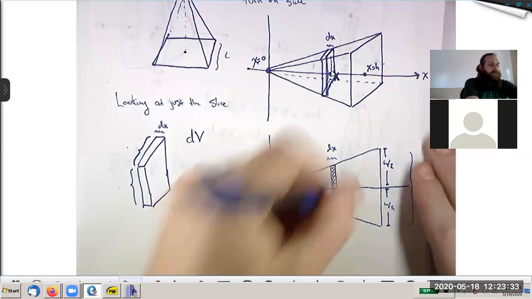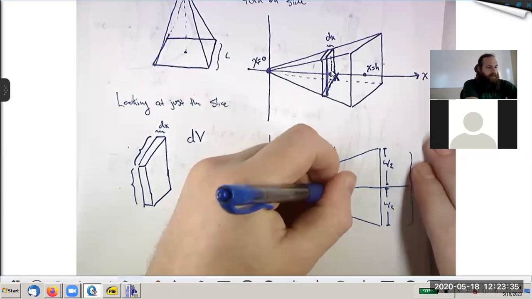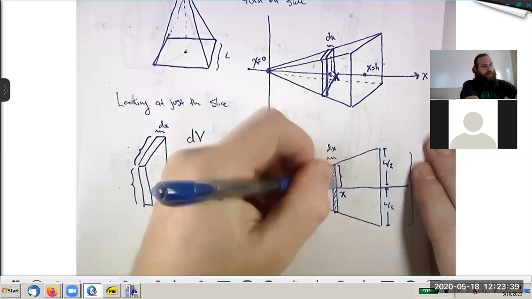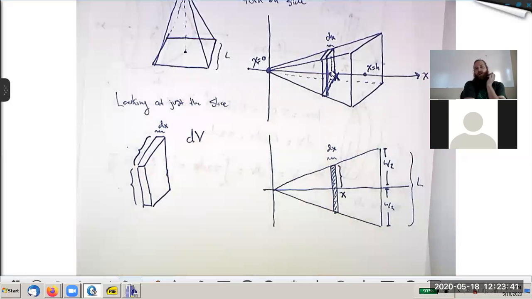If I'm taking this slice at x, then I need some way of coming up with this distance as a function of x. Any idea how I could find that? Do you see anything that you could do geometrically here? Any sort of geometric arguments you could make?